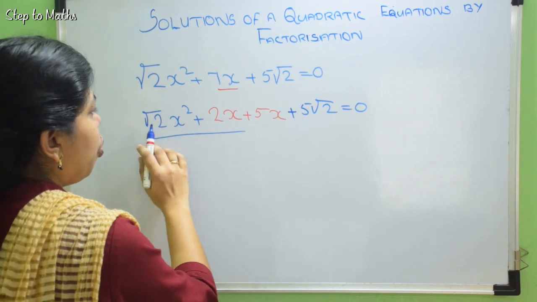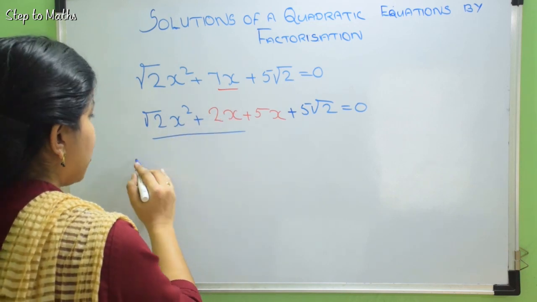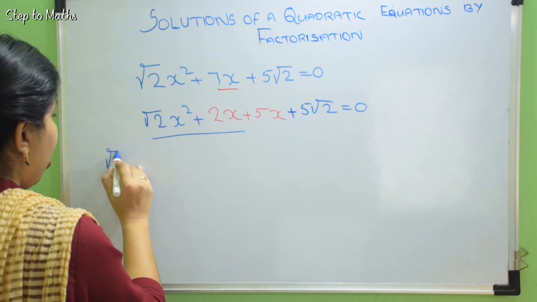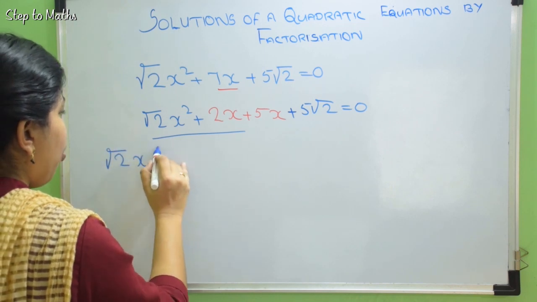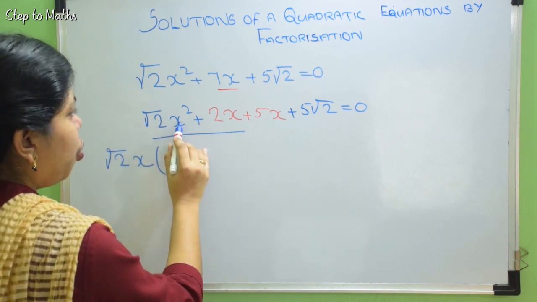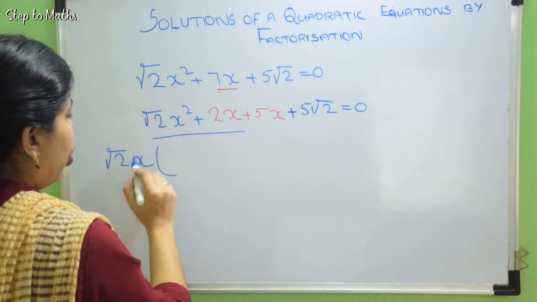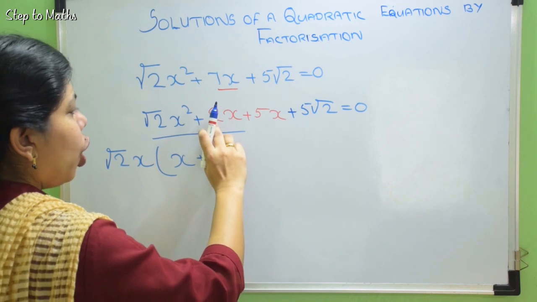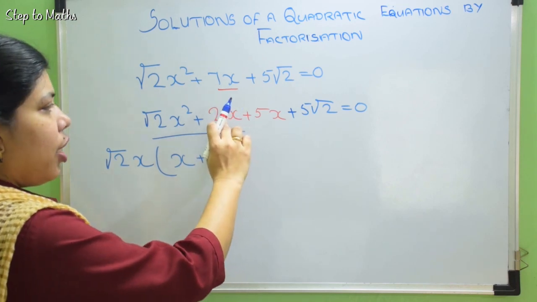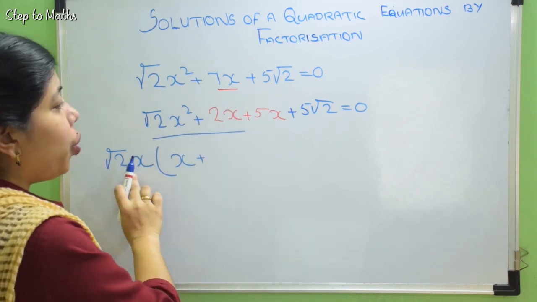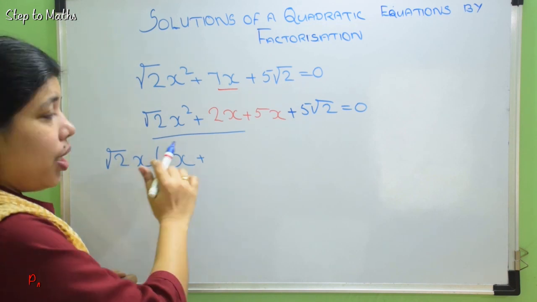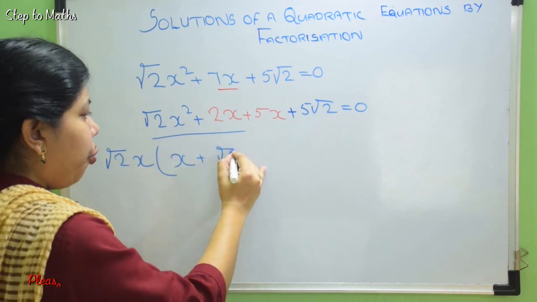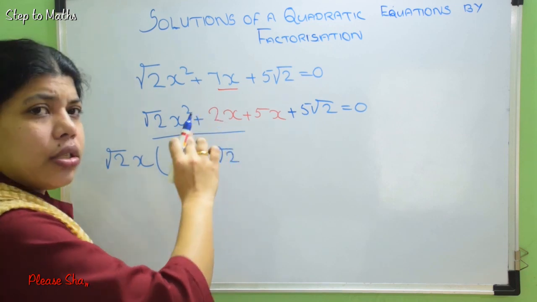Take these two terms, root 2 x square plus 2x. We can take root 2 x as common. Then what is the remaining? Root 2 x into (x plus root 2), because from 2x, taking out root 2 x leaves root 2.